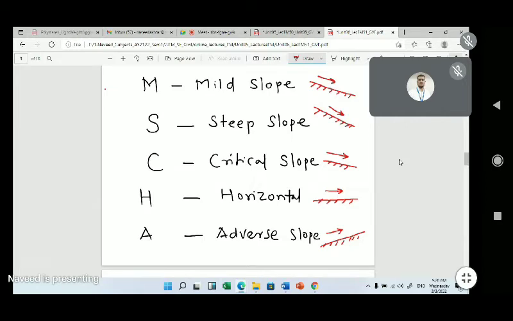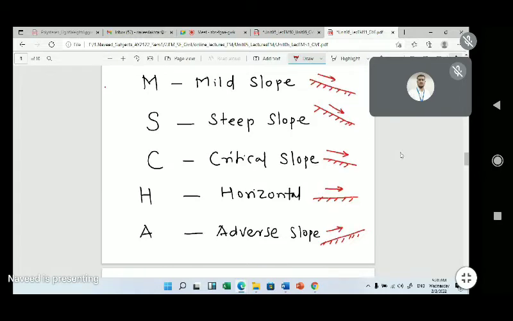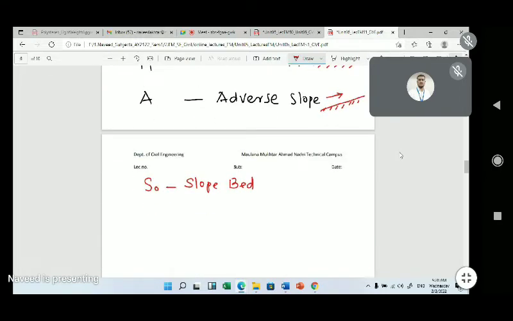Here S0 is the slope of bed, and SF is the slope of the total energy line, TEL.